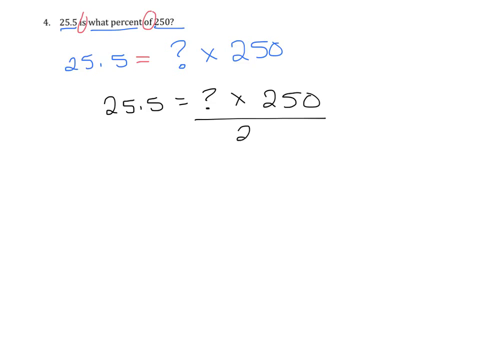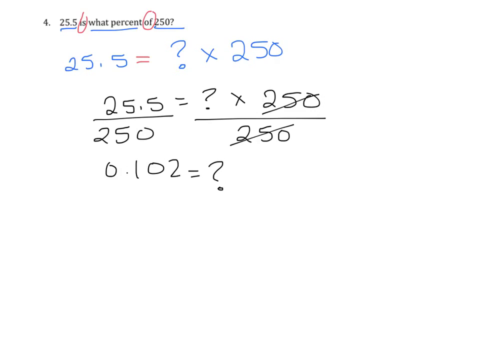Therefore, I can divide by 250 on each side of the equal sign. The 250s cancel on the top and bottom, and I'm left with the missing value, which equals 25.5 divided by 250.